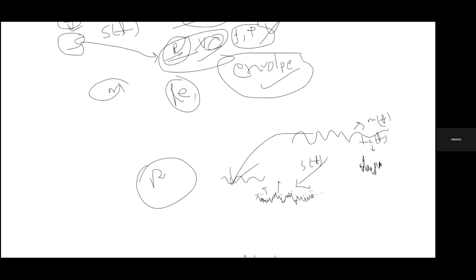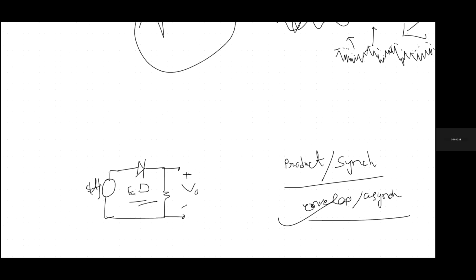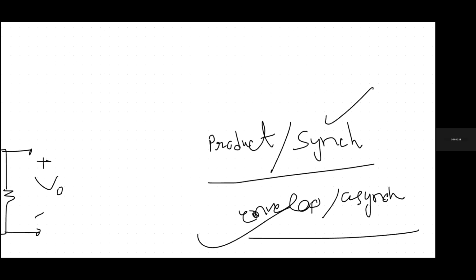So the basic idea, we can say that the synchronous detection can be called product detection, which will multiply the reference signal with the originally transmitted carrier signal to extract the message signal.